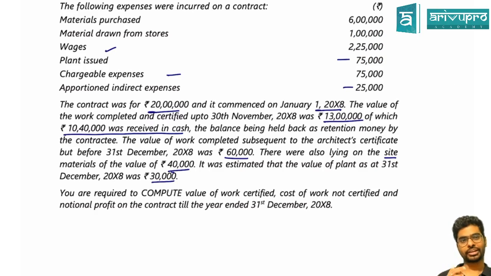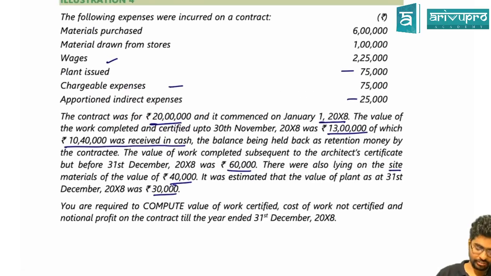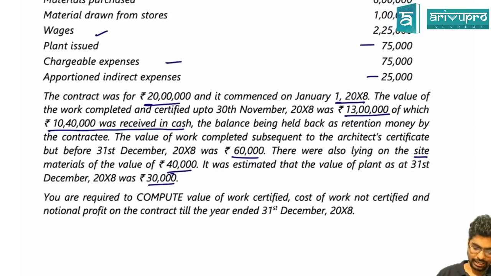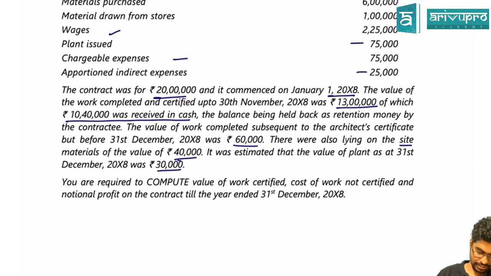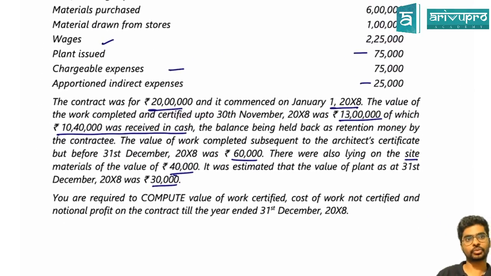We are going to be following a very simple method. We will write whatever is given. I will keep the questions like this so that at the bottom, when I am writing, you guys can answer. What is the contract price? Everyone, take your time, identify what is the contract price.